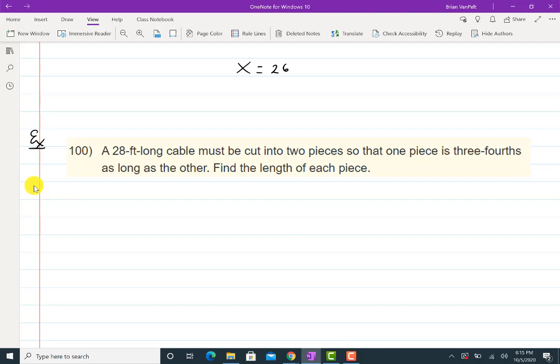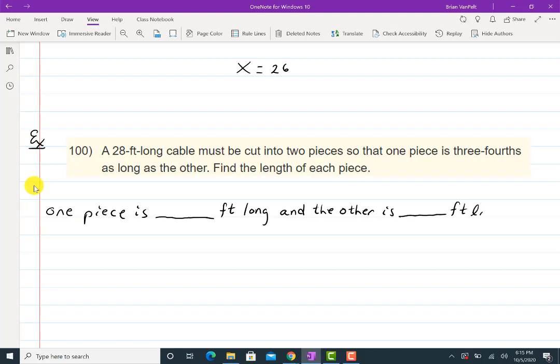One piece is 3/4 as long as the other. Find the length of each piece. So we can just say one piece is blank feet long, and the other is blank feet long.